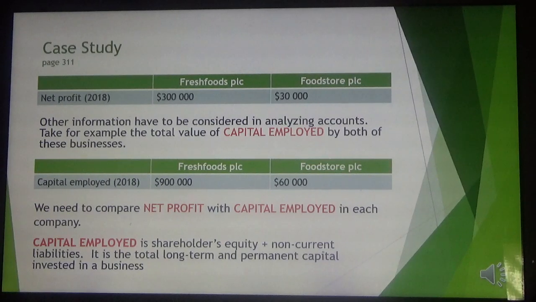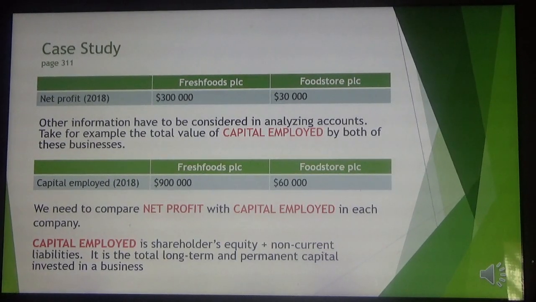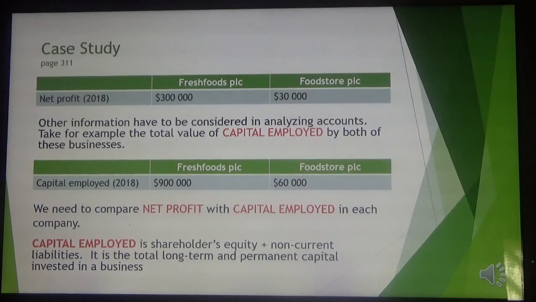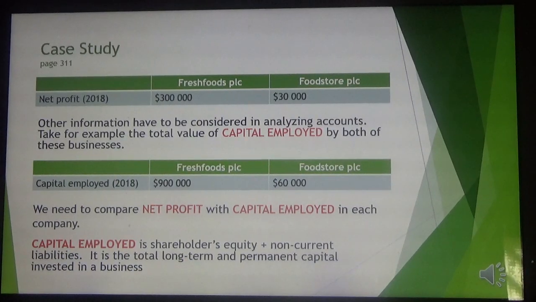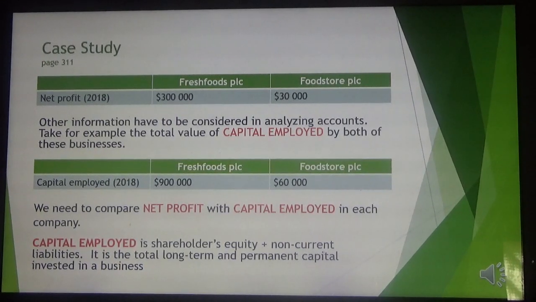Another question that we might want to ask is Fresh Foods PLC making much better use of its assets than its competitor? Again, we may not have enough reference to answer this question. And the other question that we might be asking is the profit margin made on each item sold much higher in one company than the other?